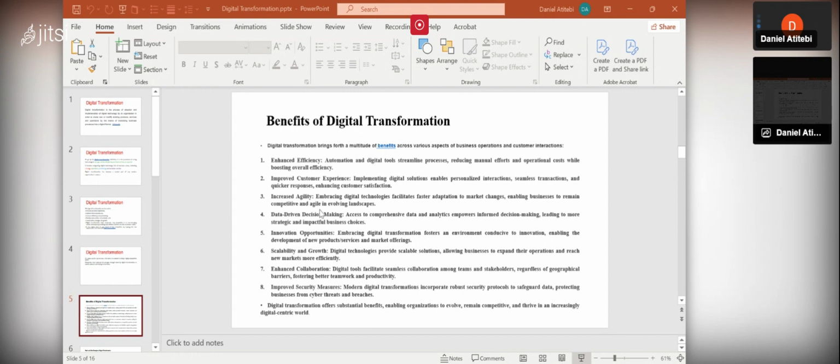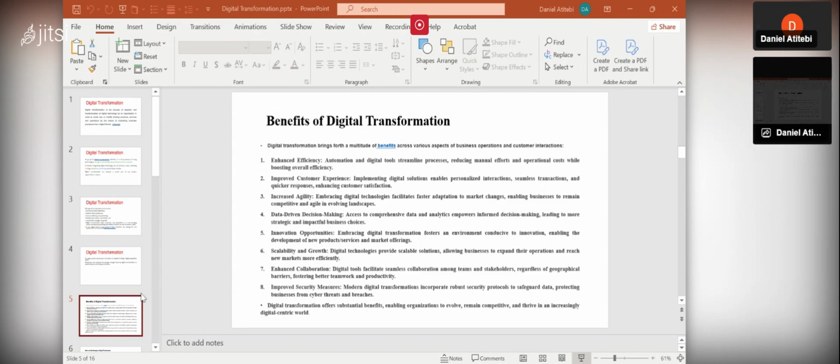What else can we say about the benefit of digital transformation? We look at scalability and growth. Digital technology provides scalable solutions, allowing business to expand their operations and reach new markets more efficiently. What else can we get as a benefit in adopting digital transformation in our service management?